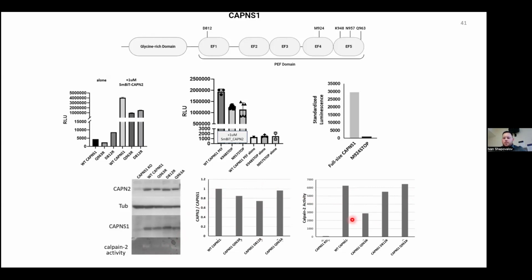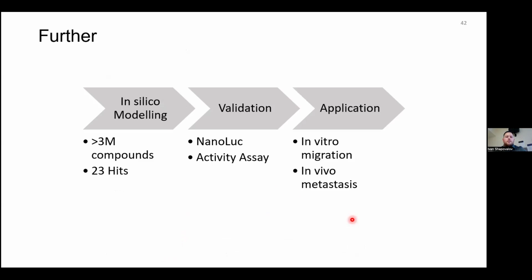So after we've done these few validation steps for Dr. Alaxo, he proceeded to do in silico modeling of over 3 million compounds for us. And at the end, he provided us with 23 hits, which are chemical structures that he believes are most likely to be good inhibitors of Calpain protein-protein interaction. Right now, we've purchased those compounds and we're waiting to receive them.